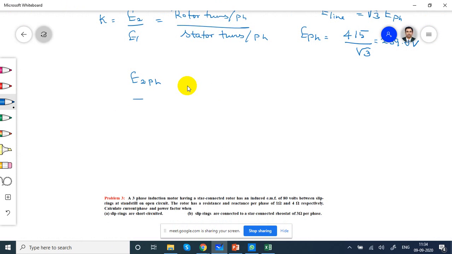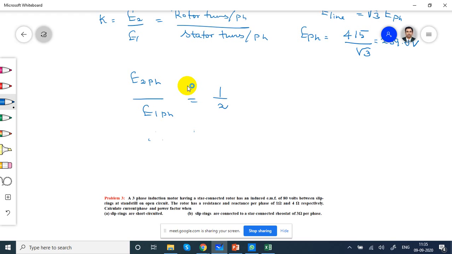The actual formula is rotor divided by stator, but in your question it is stator divided by rotor, which is 2, so it will be 1 by 2. In the problem itself they mentioned the ratio of stator to rotor turns is 2, so it will be 1 by 2. So K equal to 1 by 2.